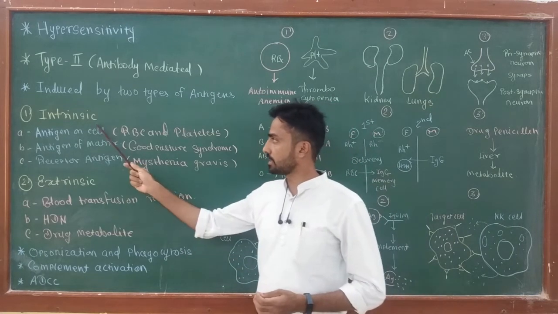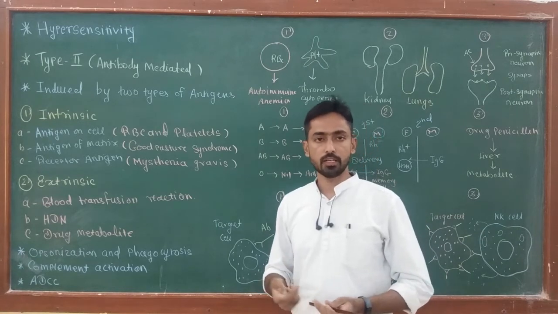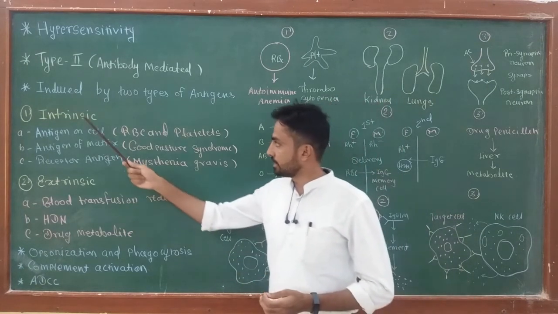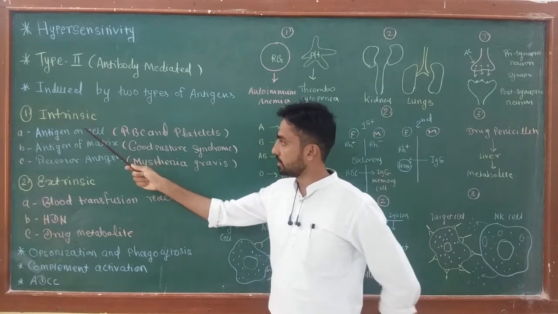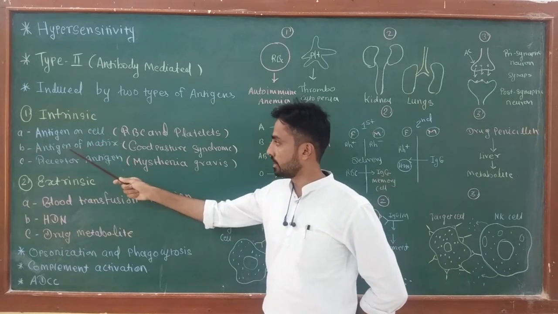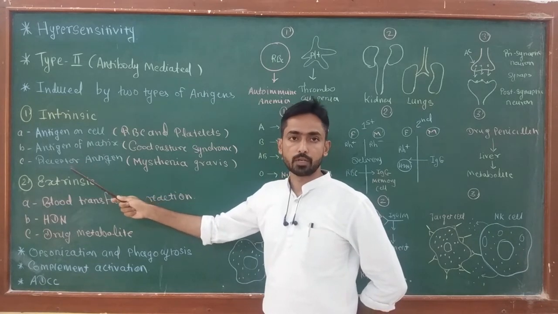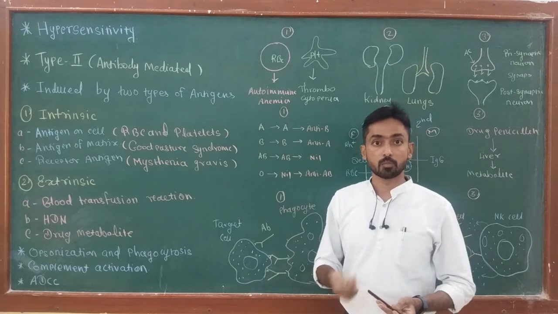What is intrinsic antigen? These are the self antigens which are present naturally in the host or inside the body, and generally there are three important types of intrinsic antigen: antigens present on the cell surface, antigens present in the matrix, and receptor antigens. These are antigens which are nothing but receptors, like hormone receptors.